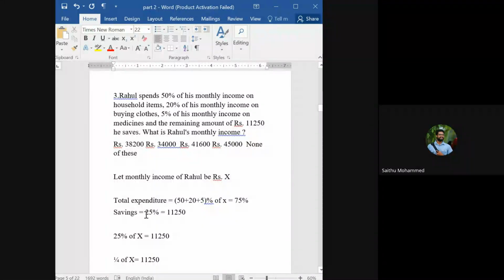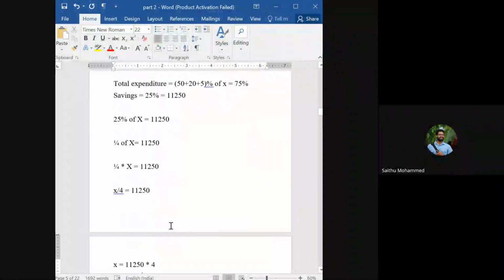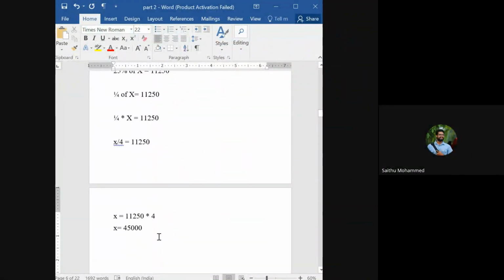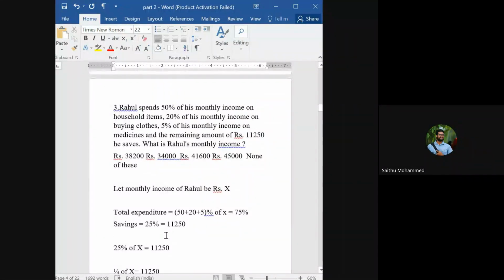So the remaining is 25%. The amount of savings is already given here, 11,250, and from that we can find 25% of X equal to 11,250, which means that 1/4 of X equal to 11,250. So when we solve it, we get X equal to 45,000. Is this clear? Is this clear with everyone?